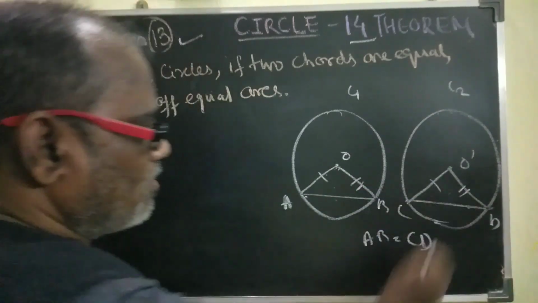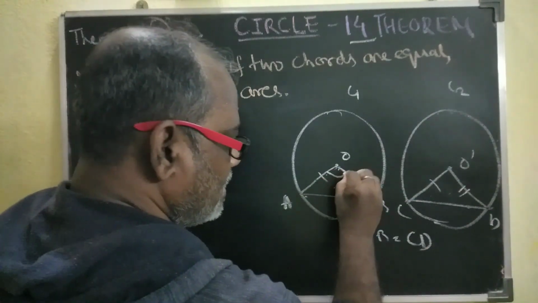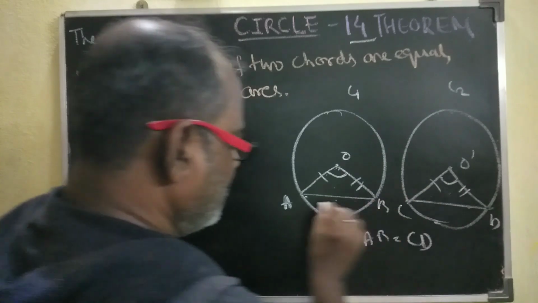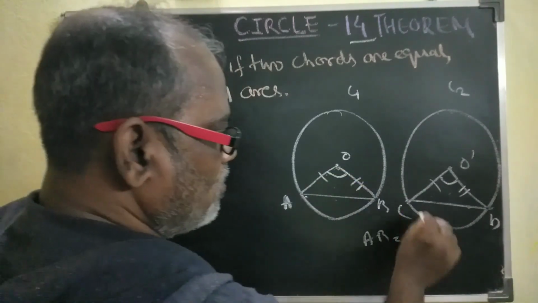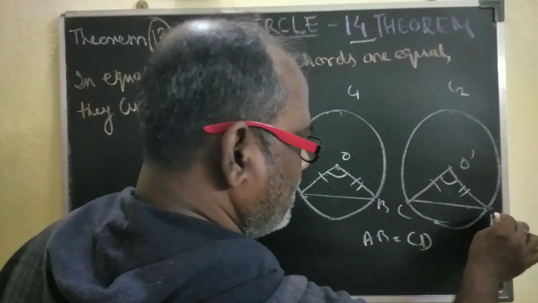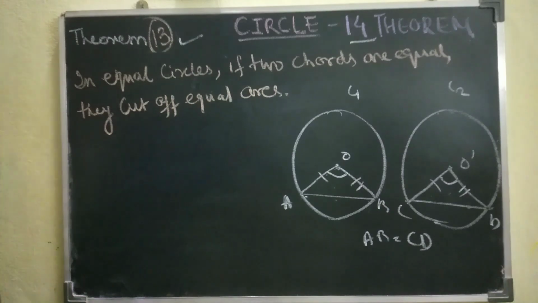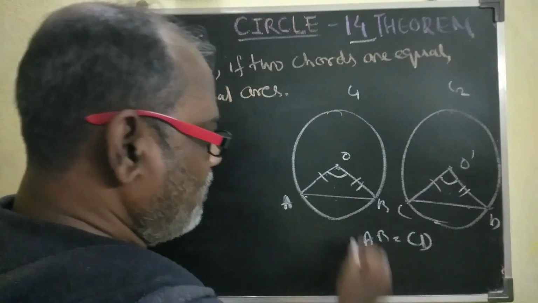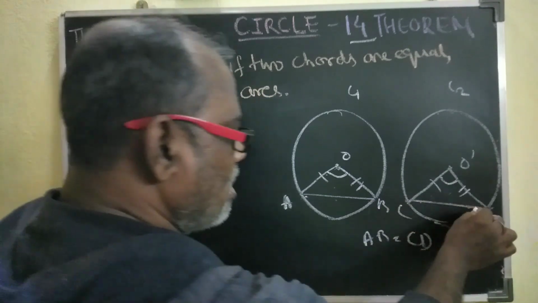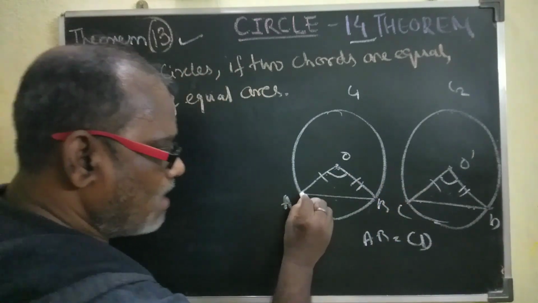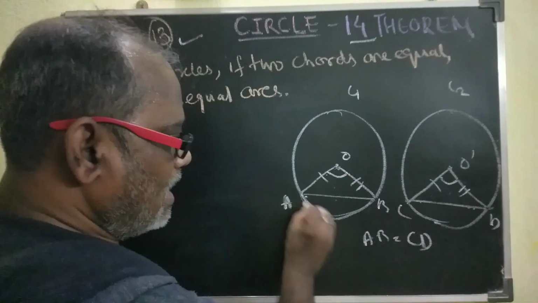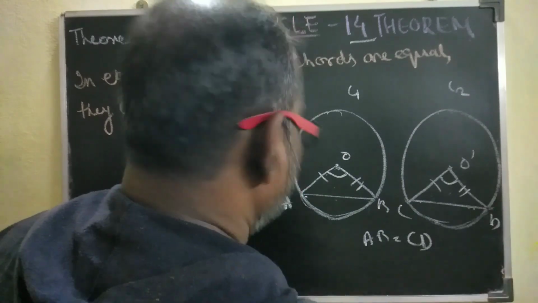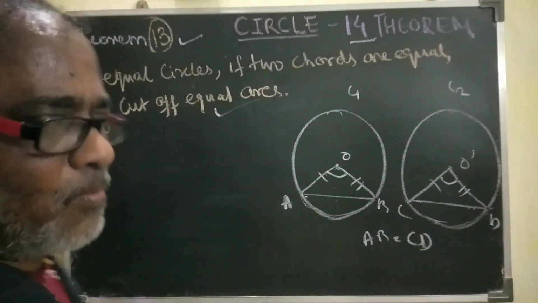Since the two triangles are congruent, therefore this angle equals this angle, that is angle AOB equals angle CO dash D. Now the previous theorem we have learned, in equal circles, when the angles subtended at the center are equal, then the arcs are equal. That means arc AB equals arc CD, so our theorem gets proved.